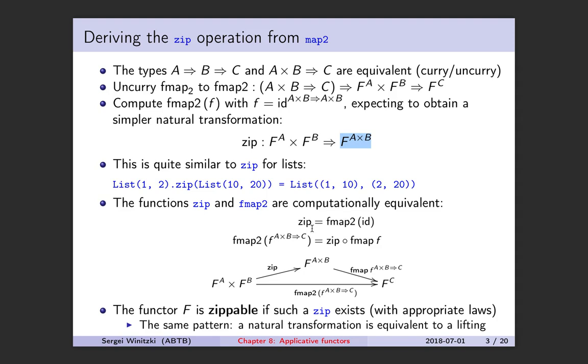And then we need to apply Fmap to F, which will take FAB into FC. So this is the type diagram that illustrates this. So we do a zip, we get that, and we apply Fmap F, and we get FC. Or we can go directly from here to here using Fmap2 of F, which is the uncurried version.